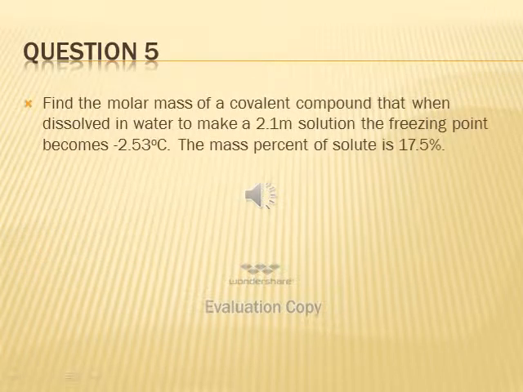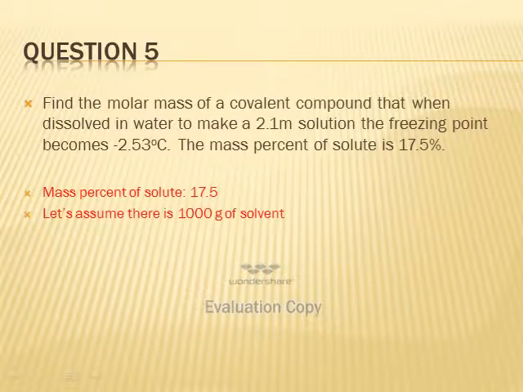One more question. Find the molar mass of a covalent compound that when dissolved in water to make a 2.1 m solution, the freezing point becomes negative 2.53 degrees Celsius. The mass percent of solute is 17.5%. Mass percent problem again. So let's start this problem similar way as in the last problem. Let's assume there is 1000 grams of water.